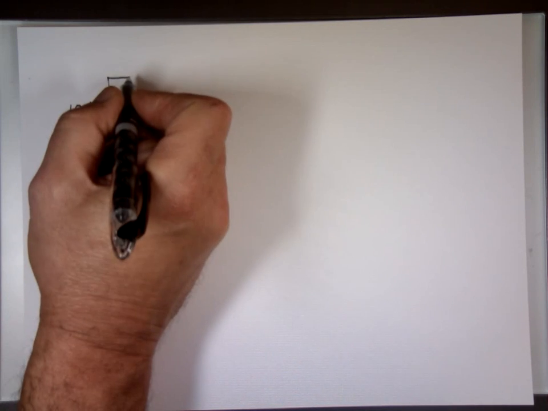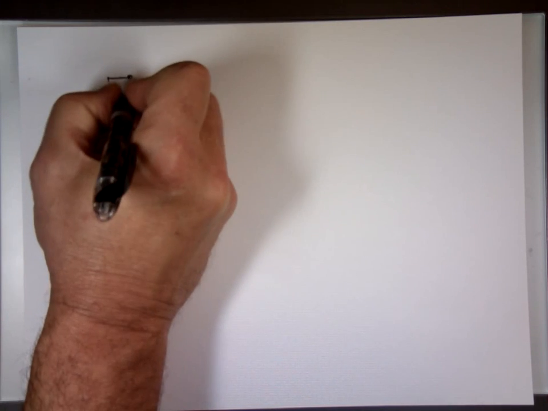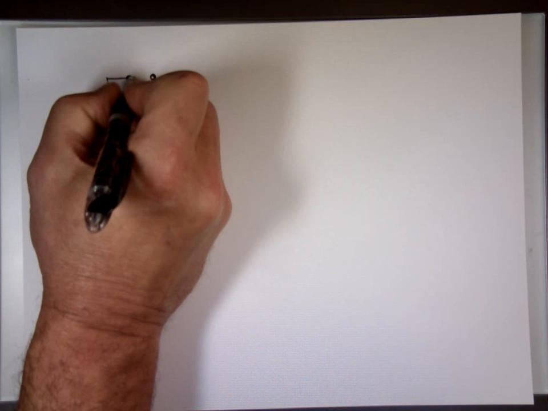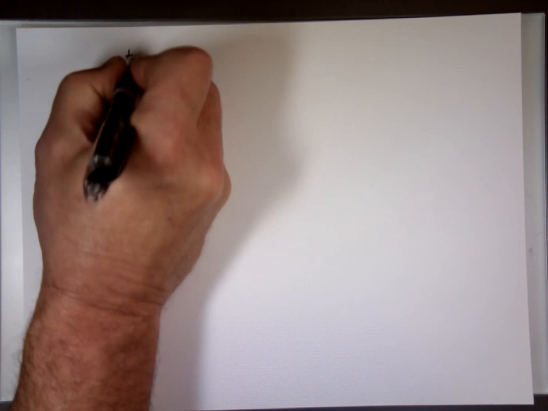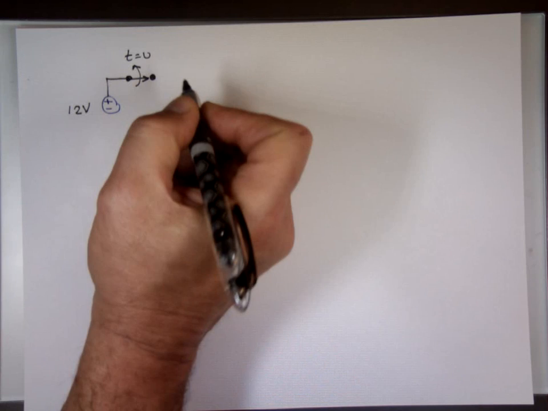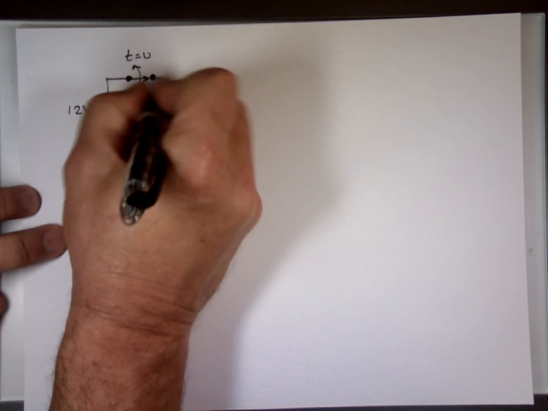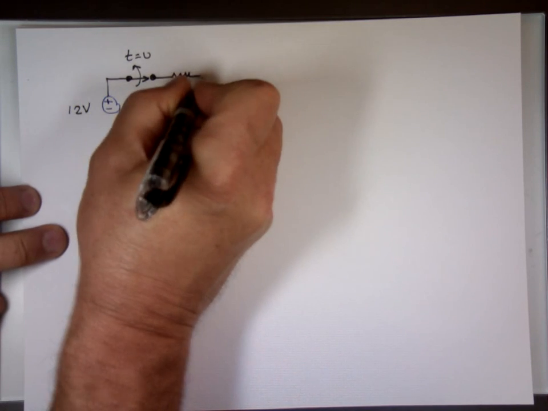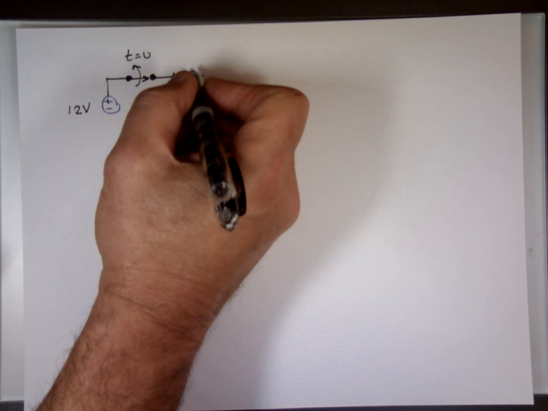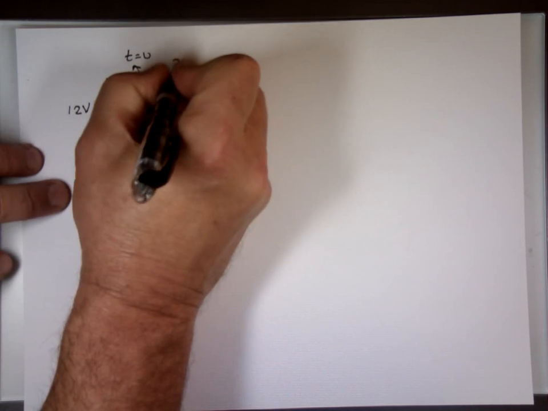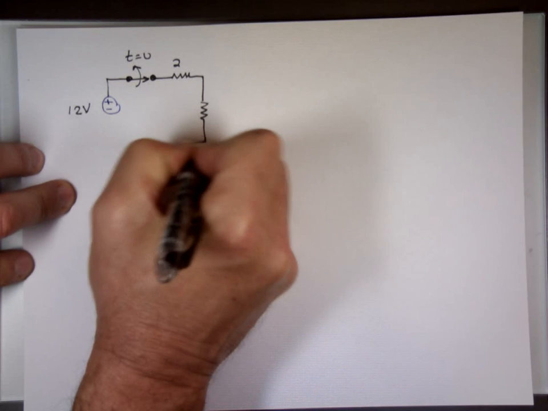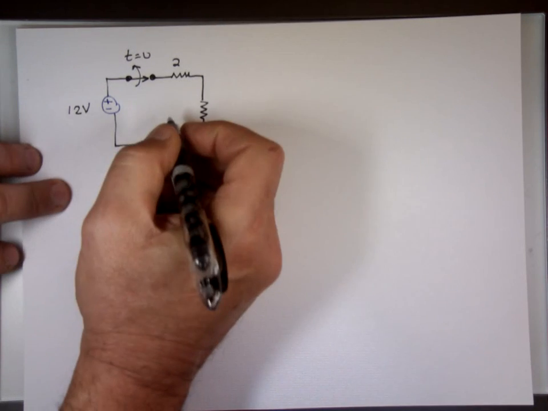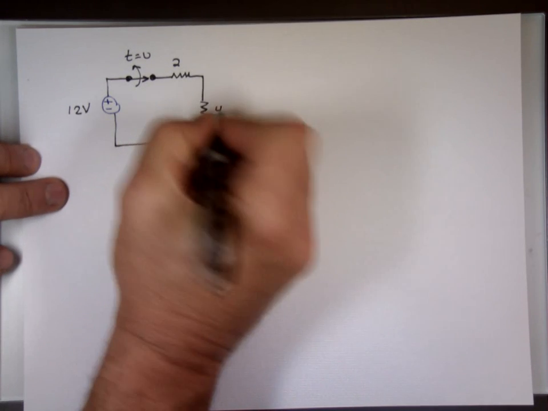12 volts. We have a switch here that's connected, and it opens at t equals 0. It's going through a 2 ohm resistor, then through another 4 ohm resistor here.